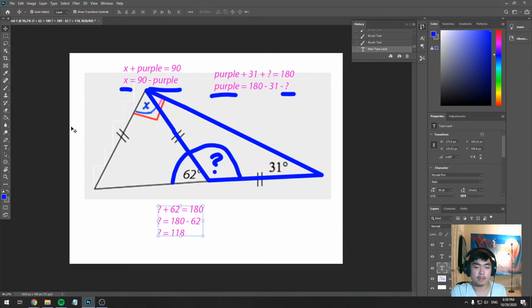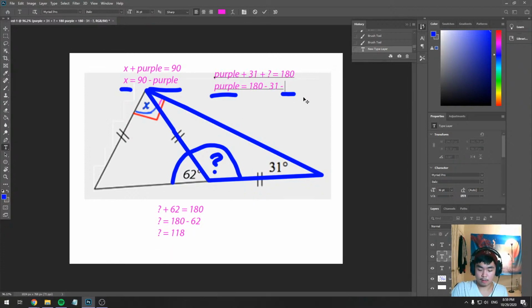All right, so now we know the question mark's 118, so purple should equal 180 minus 31 minus 118, which is the same as 180 minus 149. So purple, now we know, is also equal to 31.